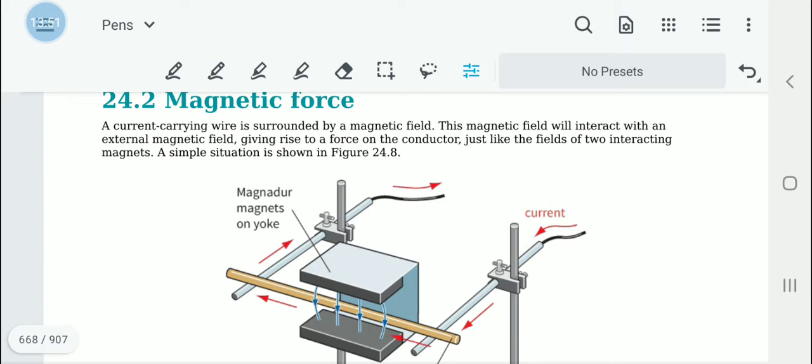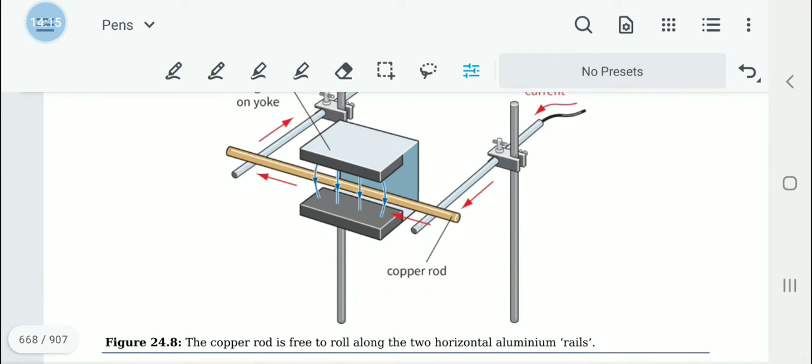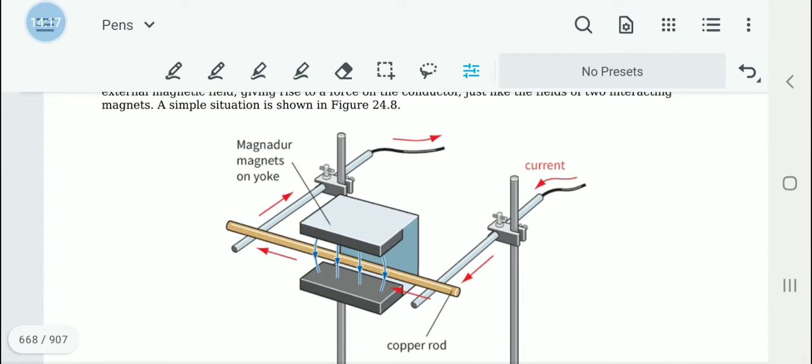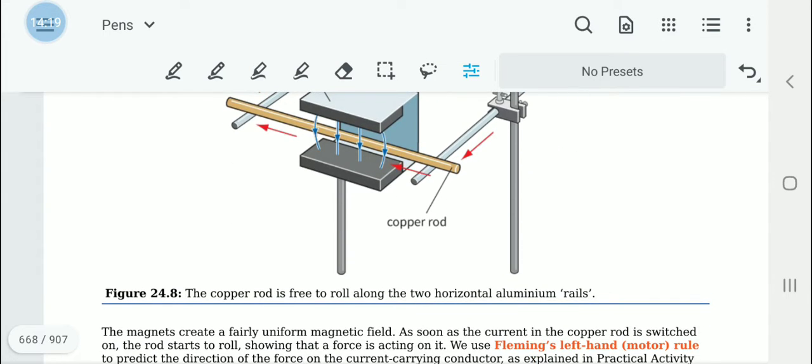If there is a current carrying wire surrounded by a magnetic field, right? When there is current flowing through a wire, we know that a magnetic field is generated. So this magnetic field will interact with another magnetic field. That results in a force being generated. So we are going to figure out how this comes about and what are their effects.